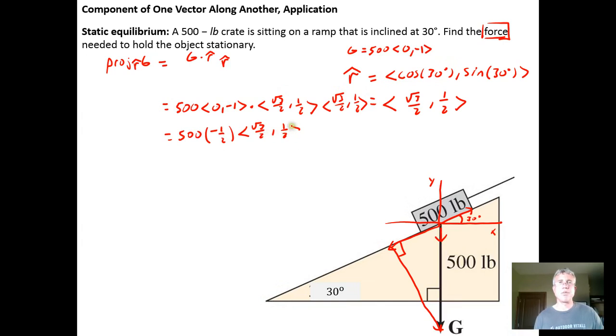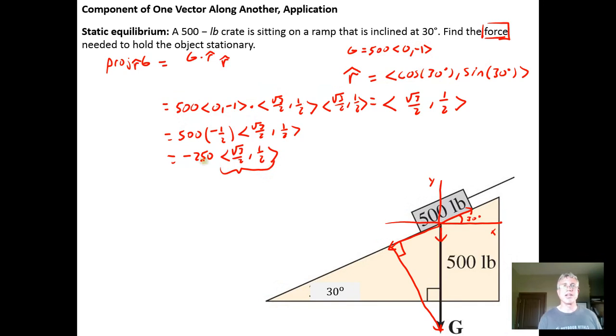So √3 over 2, 1/2. And when we do this, we get -250 times √3 over 2, 1/2. And so this is the vector pointing down the ramp, but here's what's nice, because this is a unit vector. We created it from cosine of 30 degrees, sine of 30 degrees, and we know that cosine squared plus sine squared equals 1.